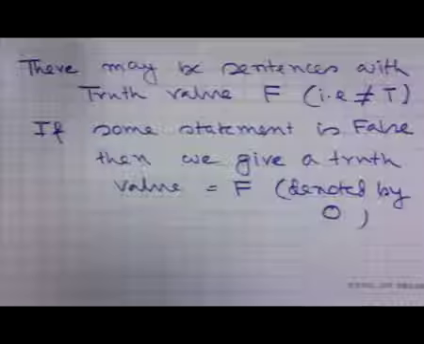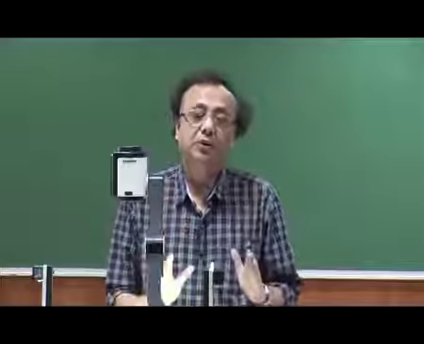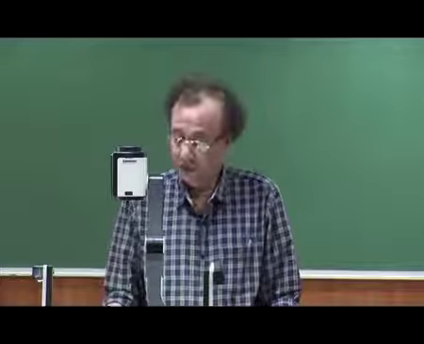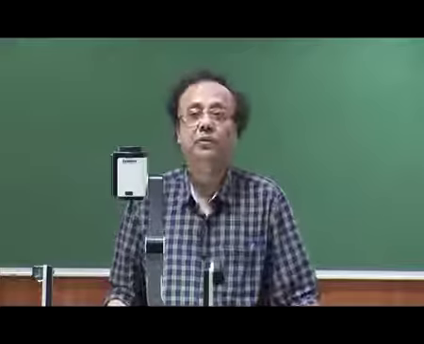Or in other words, if something is true, we give it a truth value equal to 1. If something is not true or false, then we give a truth value equal to 0.